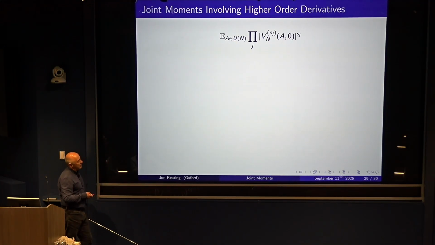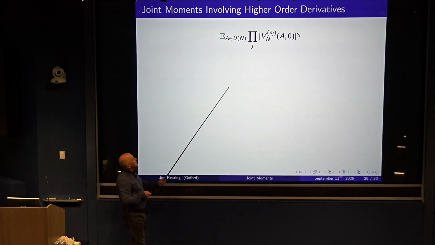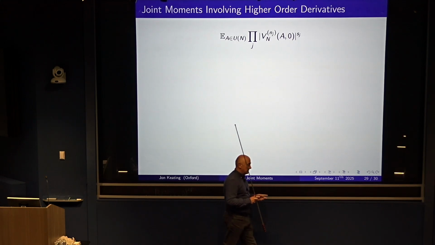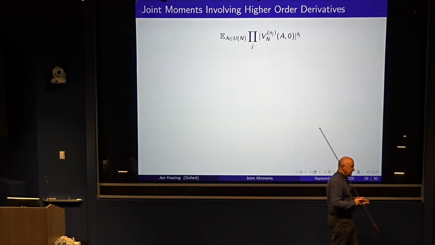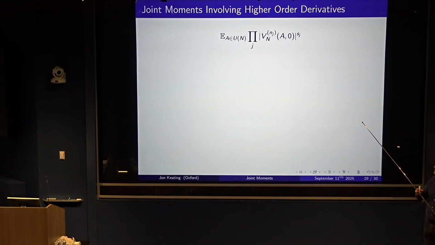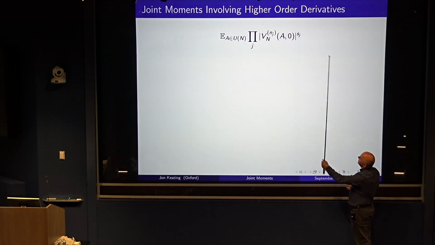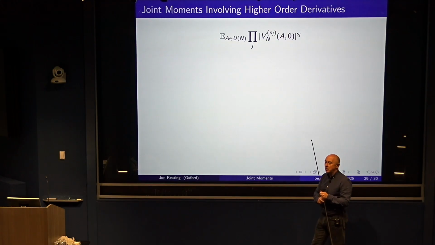And for a long time, I was rather pessimistic because you can write these as determinants, just as we had for the joint moments. In that case, they were Hankel determinants. In this case, as soon as you have higher derivatives than the first, the determinants are no longer Hankel.